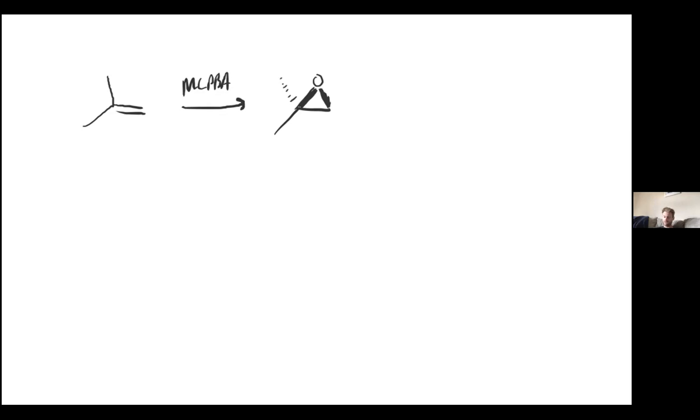We're either going to go down a base catalyzed pathway. I'm going to say base / nucleophile because they're not really base. Or we can do what we normally do, which is our acid catalyzed pathway.